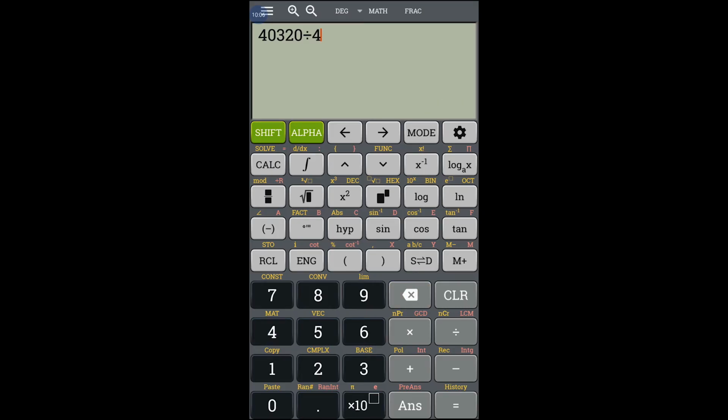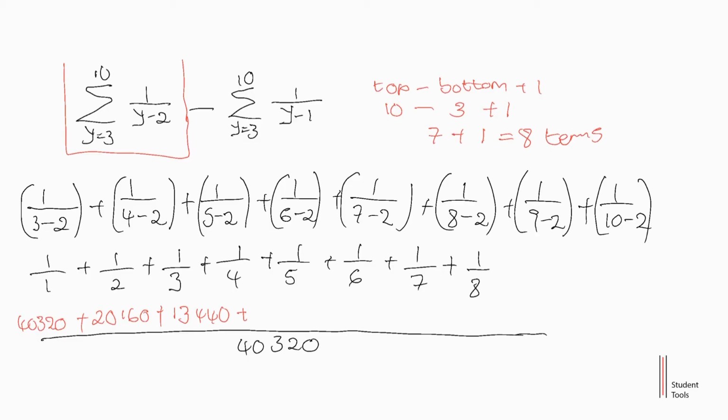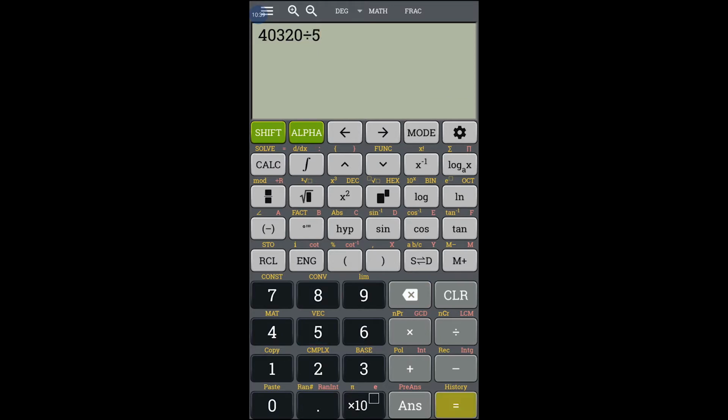Yes, we divide by 4 now. It is 10,080. 10,080 multiplied by 1 is still 10,080. So 40,320 divided by 5. We divide by 5 now.